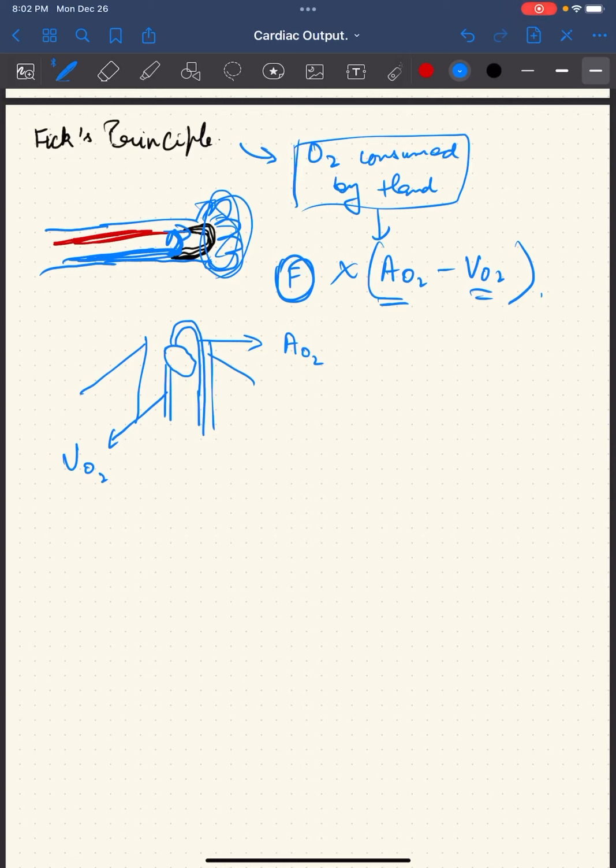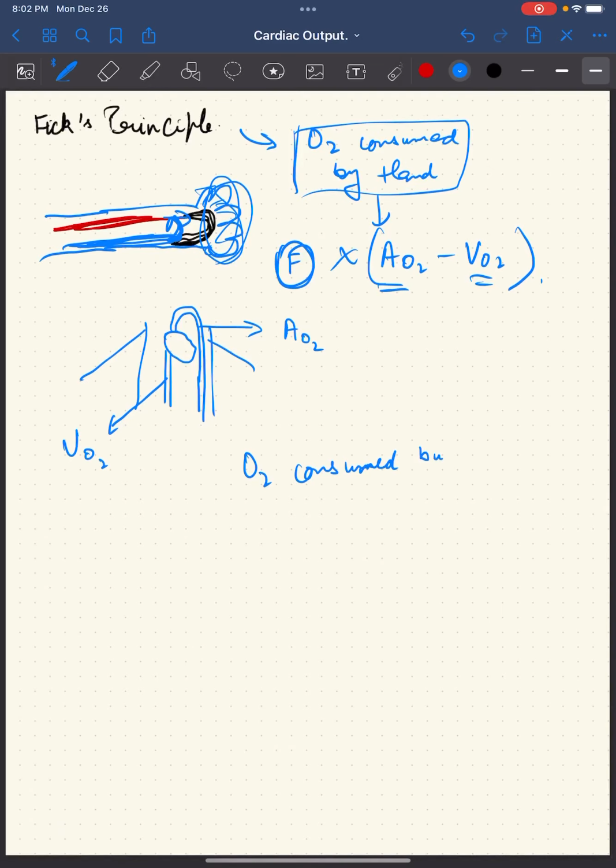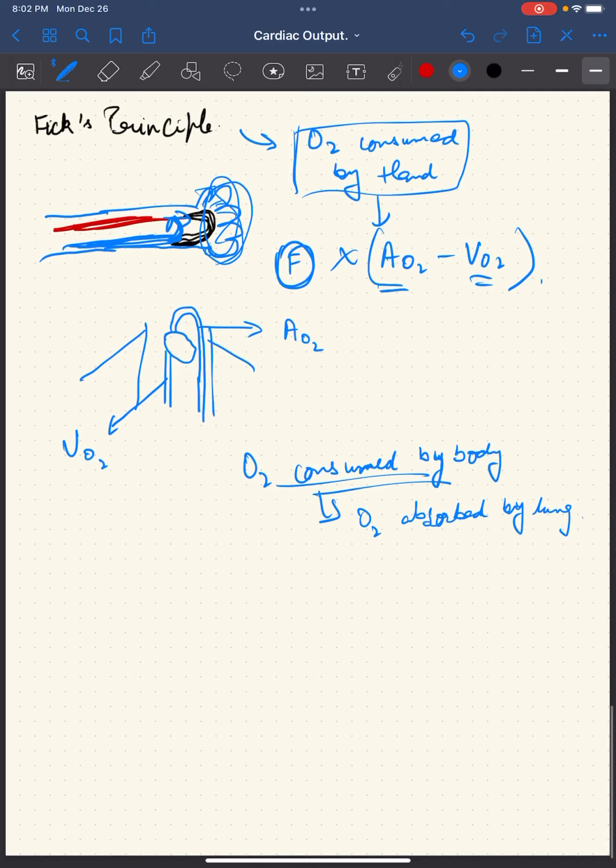So the O2 consumed by the body is same as O2 that has been absorbed by the lung. Is this clear? The O2 consumed by the body is the same as the O2 that has been absorbed by the lung, and we can easily calculate it.